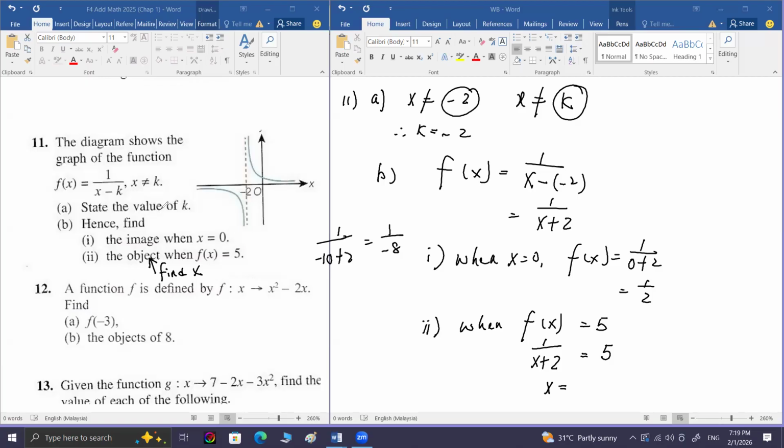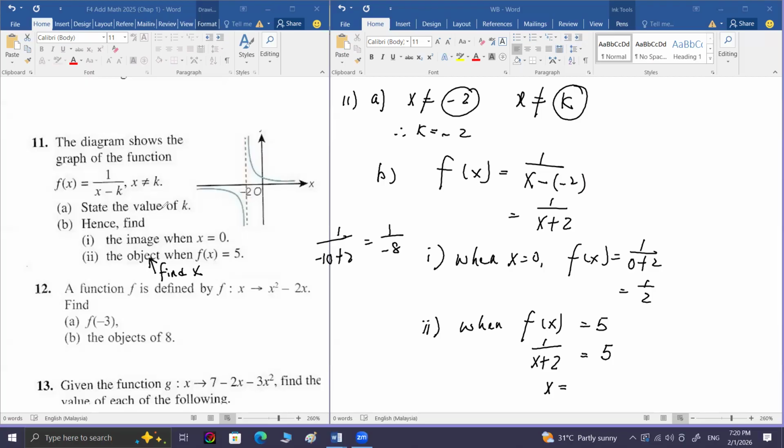Okay, wait, let me check. For you, they're using the Excel. Now, what about you? Can get the answer? The answer is negative 1 and 4 per 5. Negative 1 and 4 per 5.